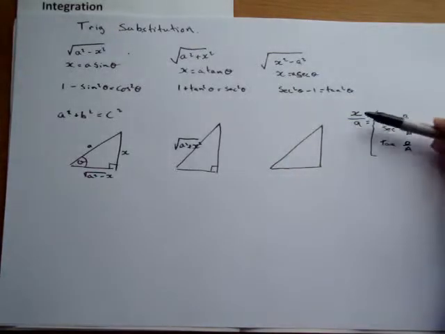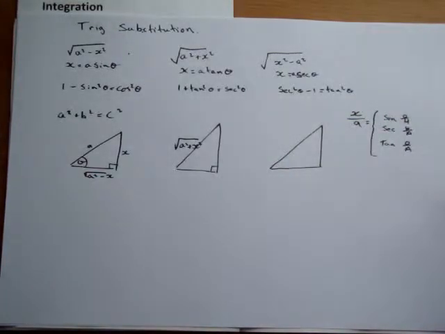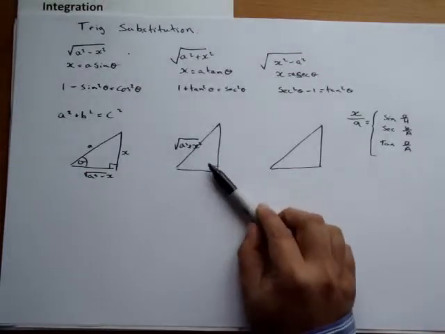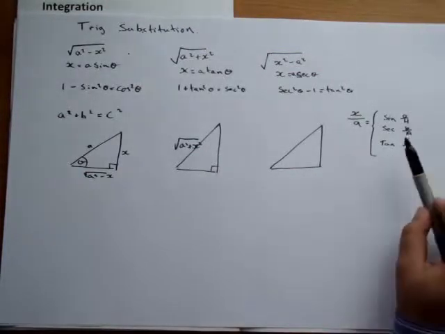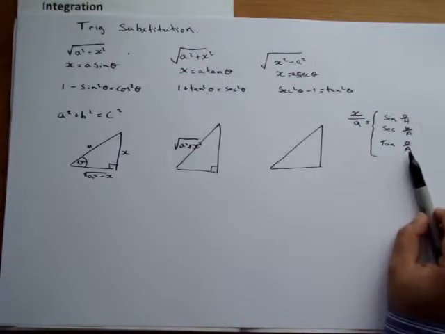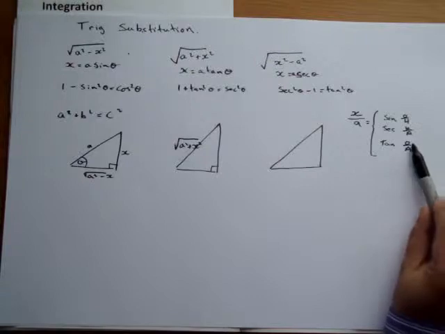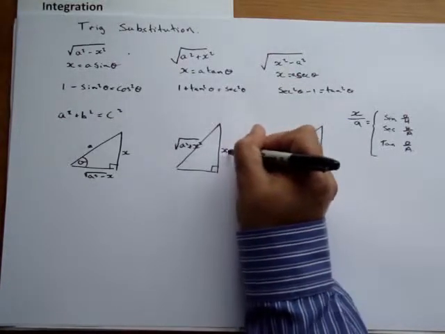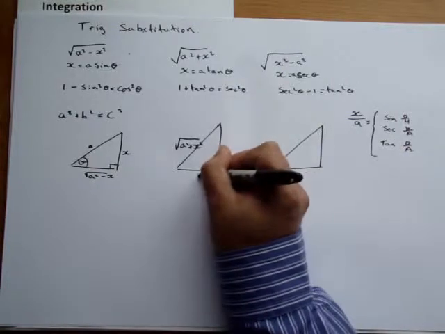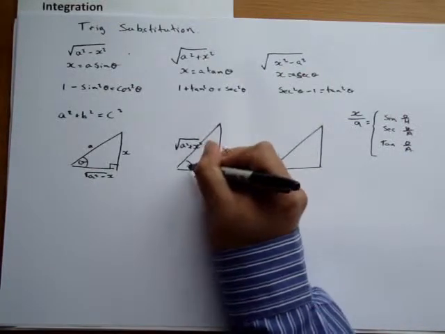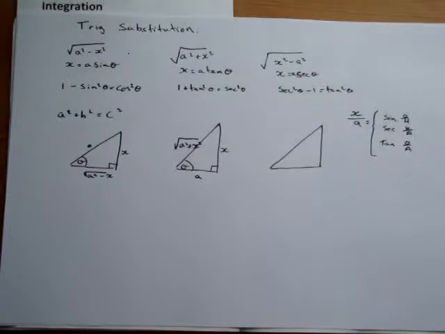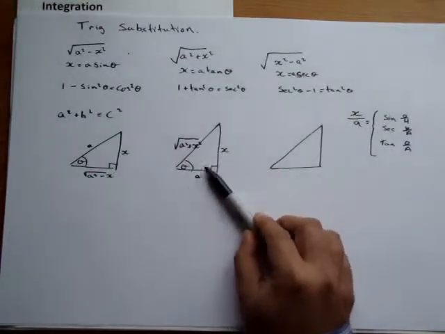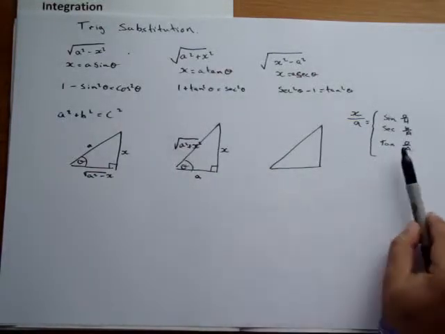Again, we use x over a is one of these. If we have opposite over adjacent, that will equal tangent. So the x would be the opposite and a would be the adjacent side to theta, and that would give us tan.